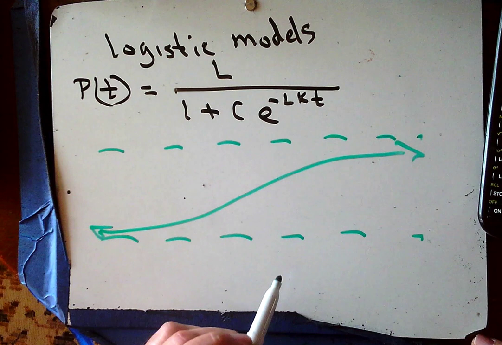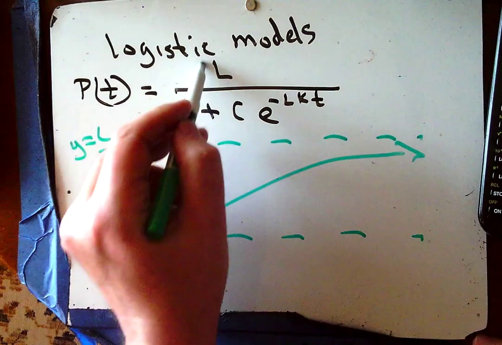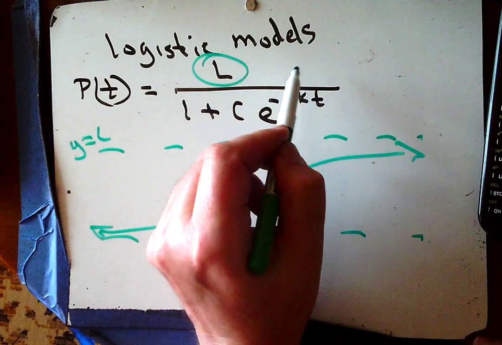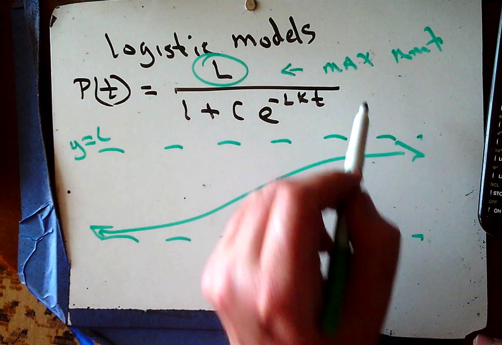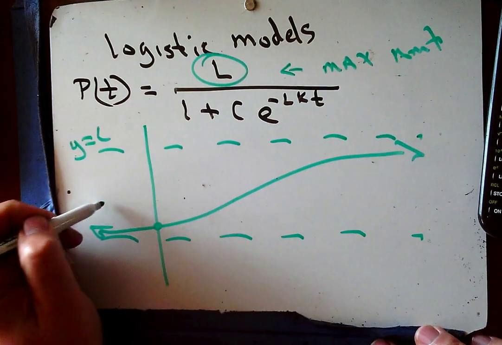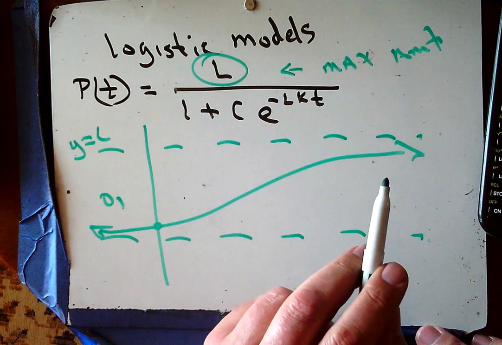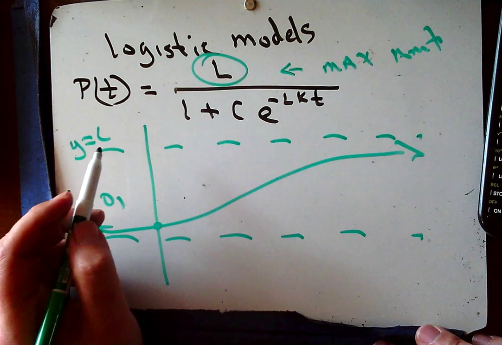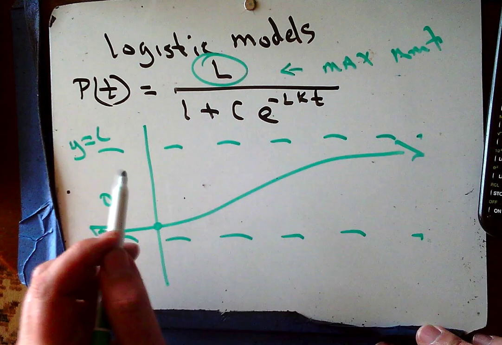Okay, so remember the graph of this looks like this. It's got y equals L up here. That's our carrying capacity. That's our maximum amount. And then we might have 0, comma. If I put a 0 in here, what do I get? I get e to the 0, which is 1. 1 times c is c.